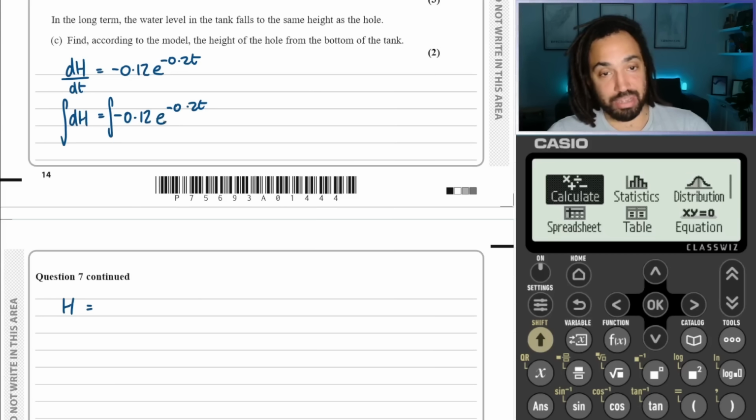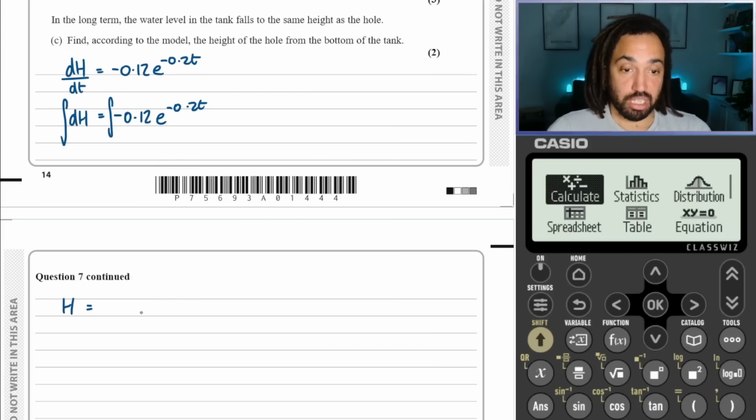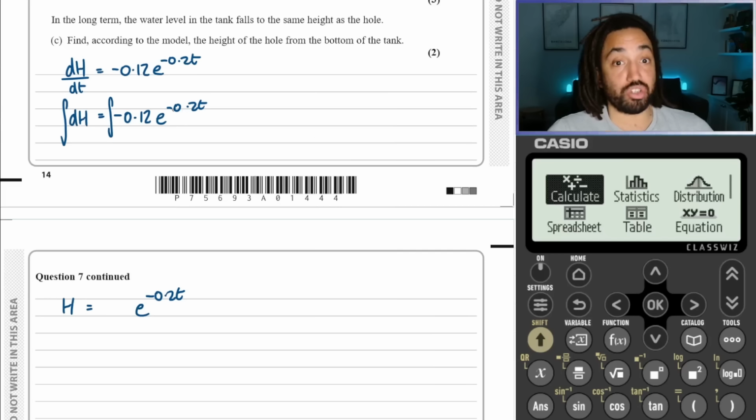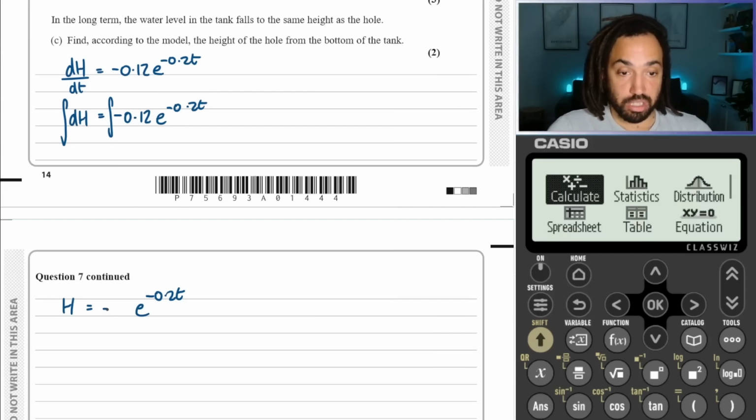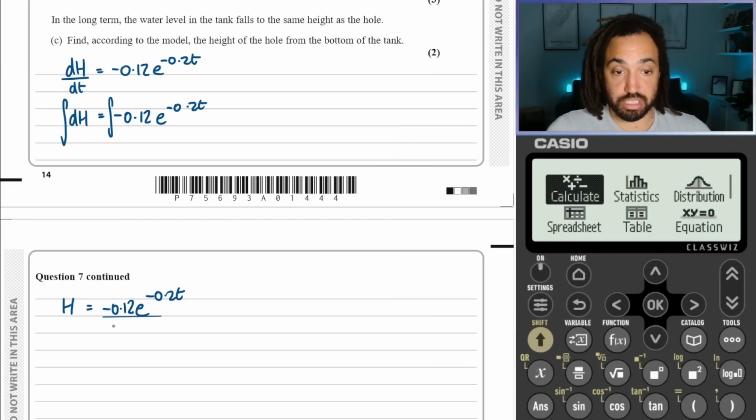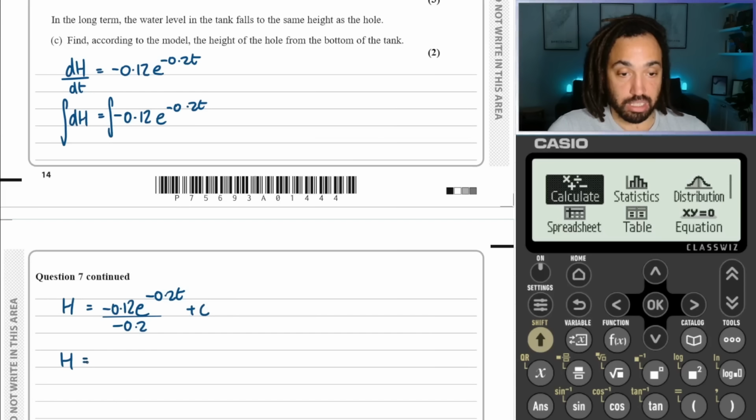and here when we integrate an e function, we just keep the e function exactly the same, but we just divide by the derivative of the input. So we need to divide by the derivative of minus 0.2t, which is just minus 0.2. And of course we're going to get a plus c coming along for the ride.